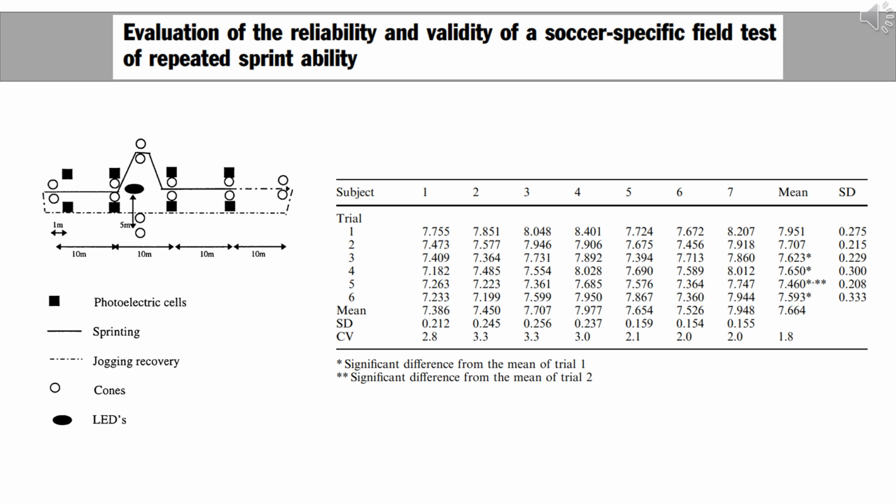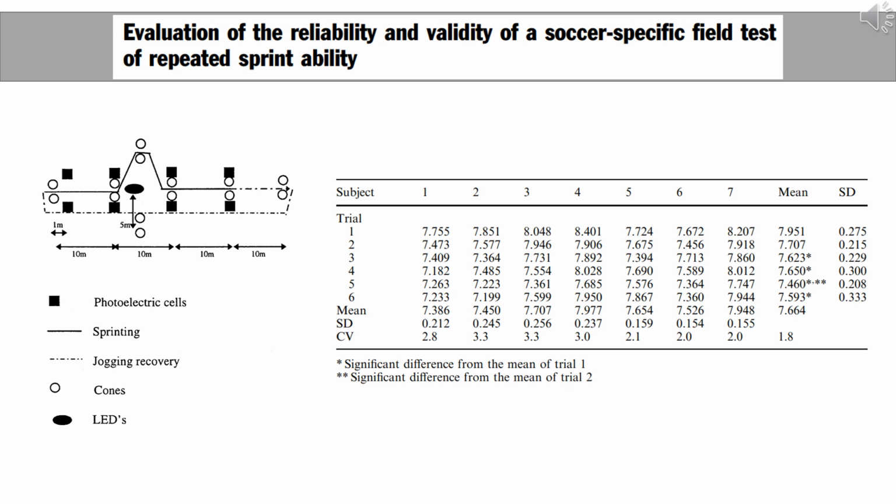But what they have done nicely in this table is outline the time for 7 subjects across 6 different trials here, and we've got our mean data and our standard deviation and our coefficient of variation, this time for each individual subject. And I really like this study because we get to see the trial to trial consistency of the data for each individual rather than as a group.